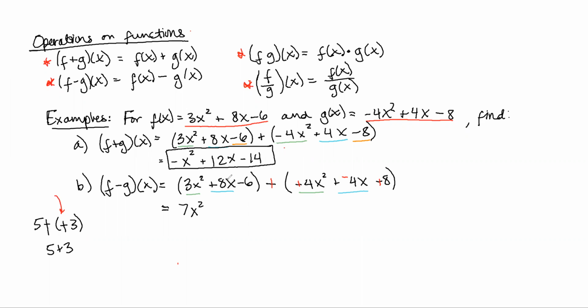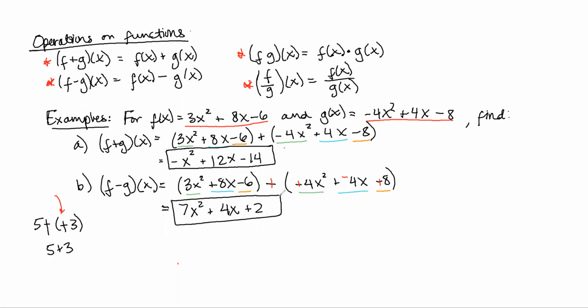So think of that like 8x minus 4x. That'll give us a positive 4x. And then lastly, negative 6 plus 8, that's a positive 2, so plus 2 at the end. So like I said, these ones are pretty nice.